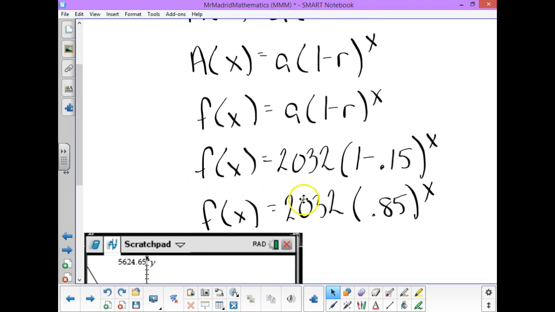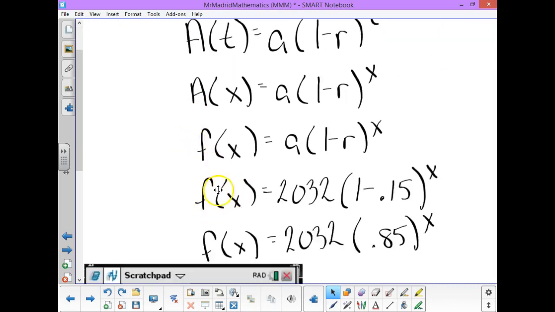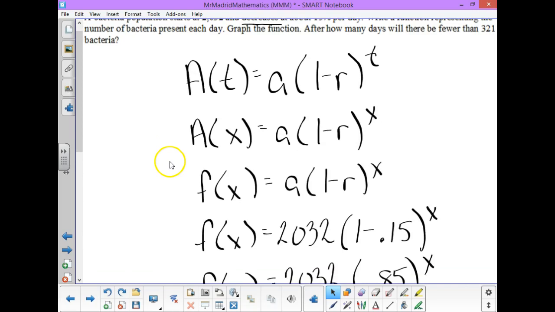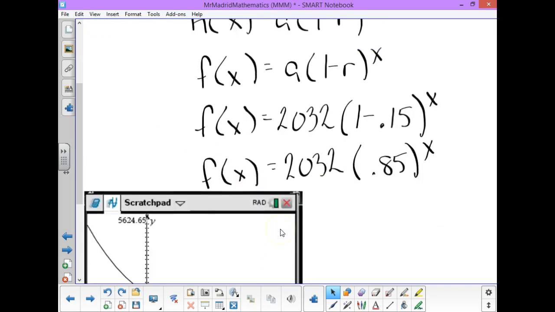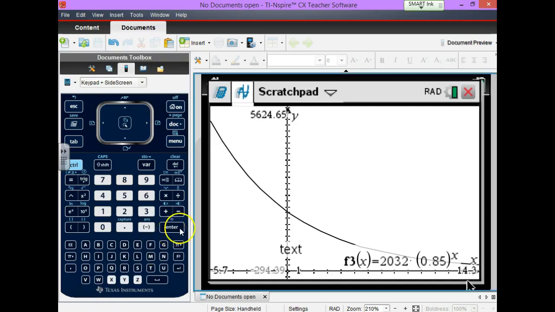Okay, so once again, it's good to remember that x is the number of periods, or essentially t time, right? So after how many days? 321 bacteria. So this half of x would represent the total number of bacteria, unlike this number that was the initial amount. Alright, so let's go back to the calculator and take advantage of the trace feature.